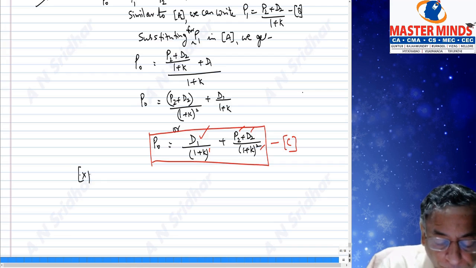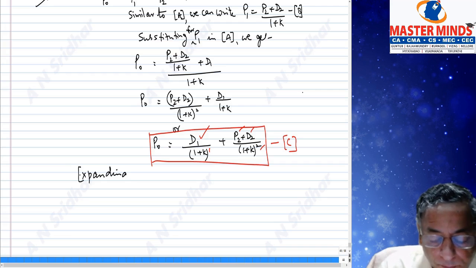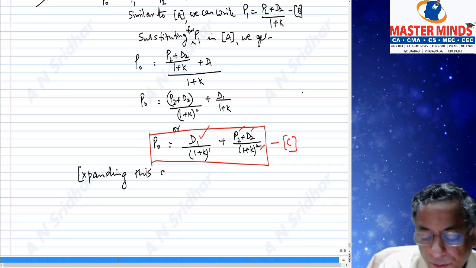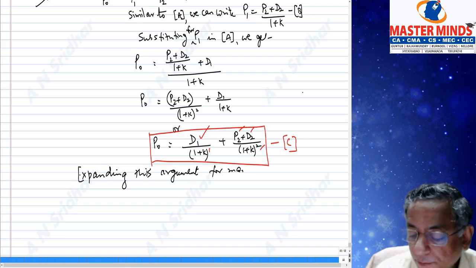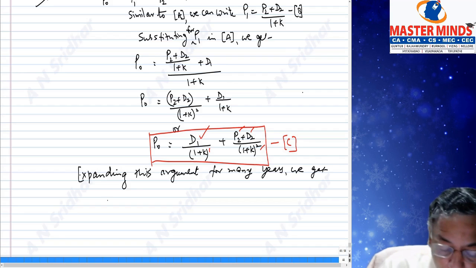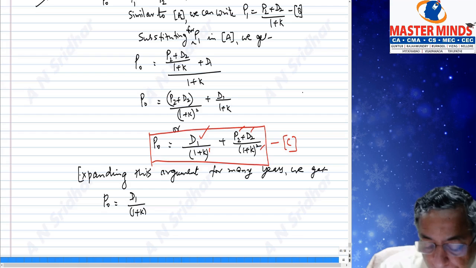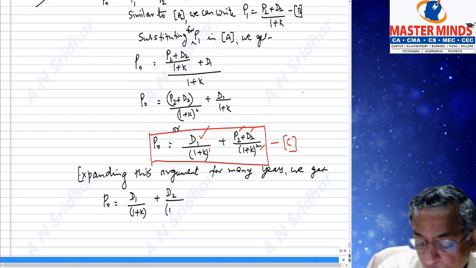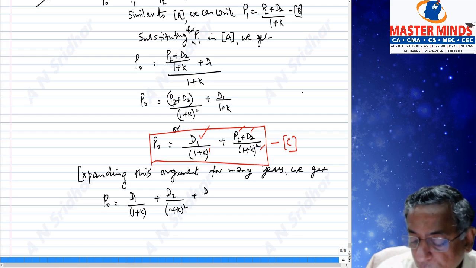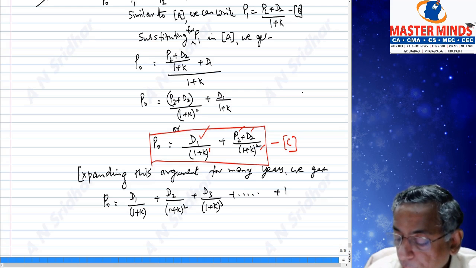Expanding this argument for many years, we get P0 equal to first dividend discounted one time, second dividend discounted two times, third dividend discounted three times, plus Pn plus Dn upon 1 plus k raised to n.